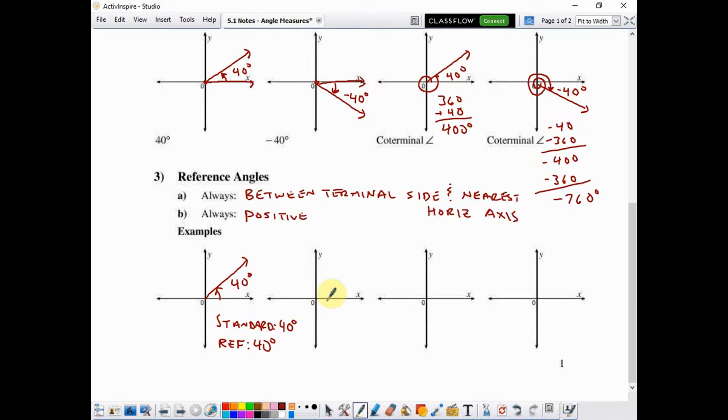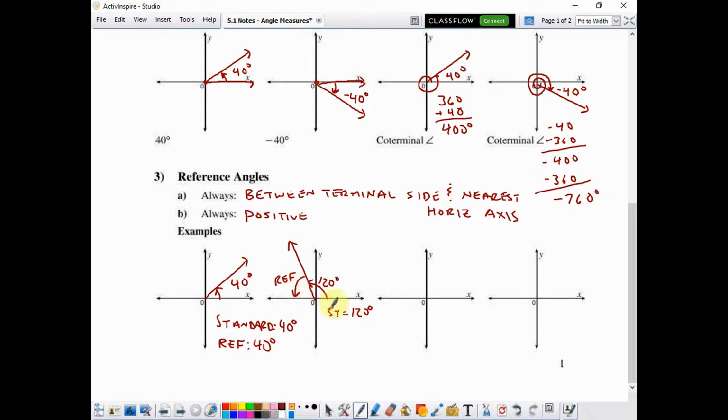Let's say I rotate 120 degrees. The standard angle measure here is 120 degrees because that's how much I rotated. But the reference angle is this right here: the number of degrees from the terminal side to the nearest horizontal axis.